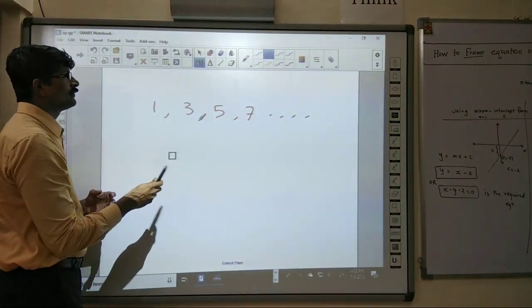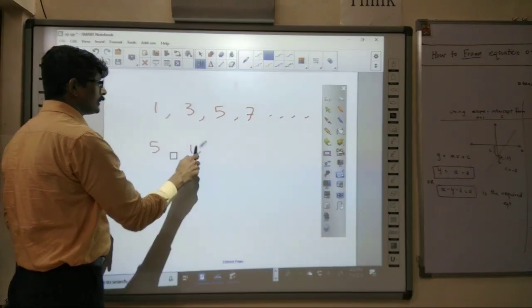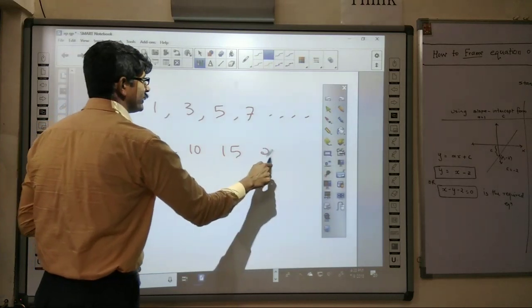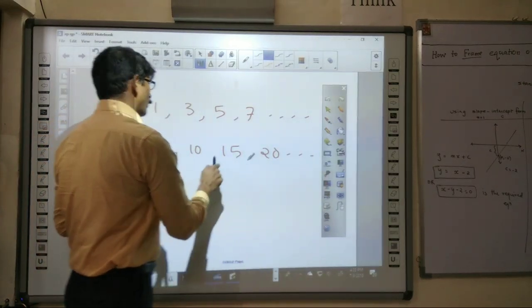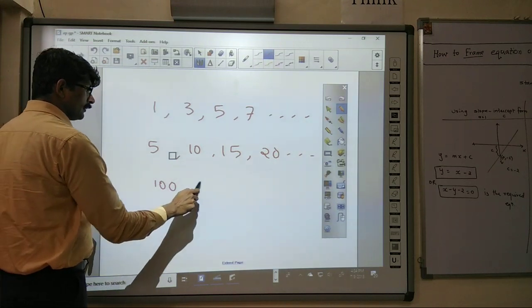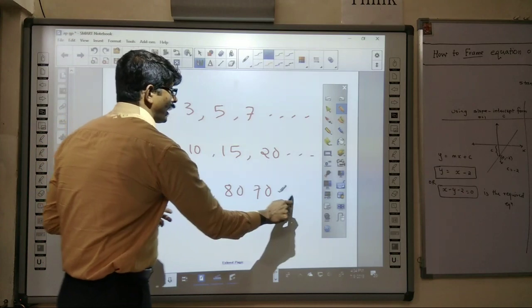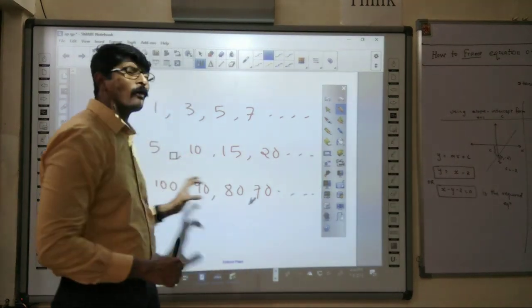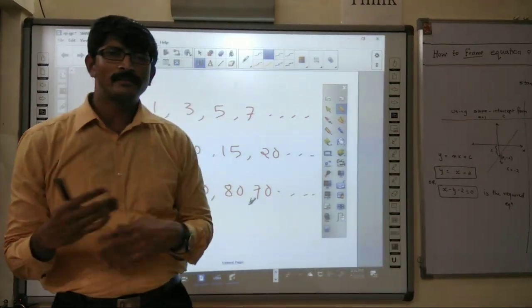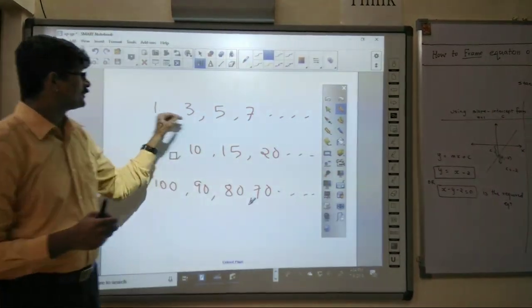Or else we may have something like 5, 10, 15, 20, and so on. Or we may have something like this: 100, 90, 80, 70, and so on. So in all the cases, students, if you see, there is a common difference. Say in the first case the common difference is 2.